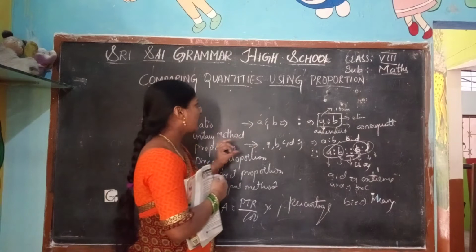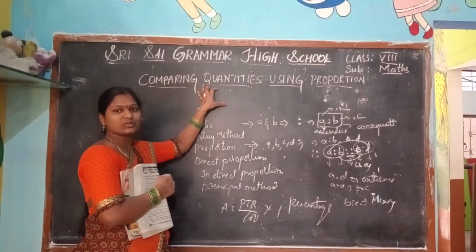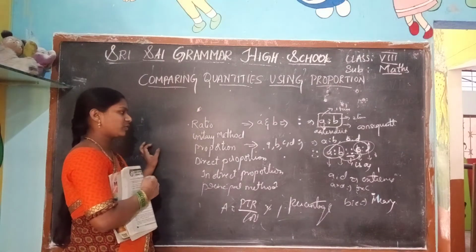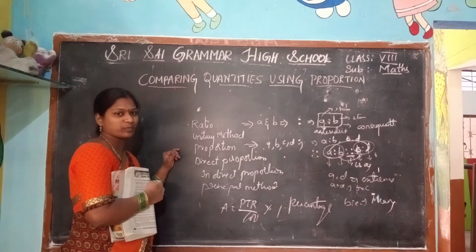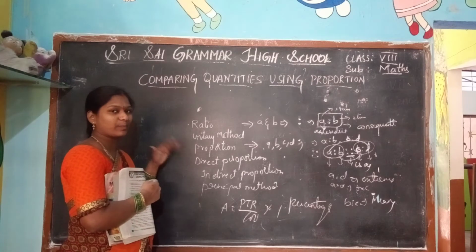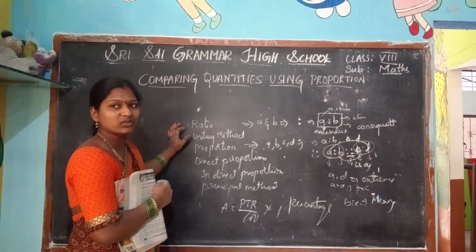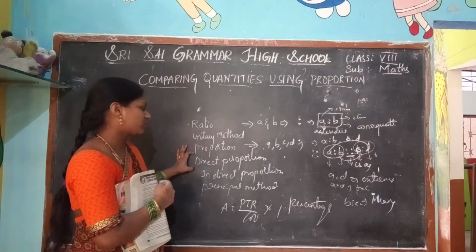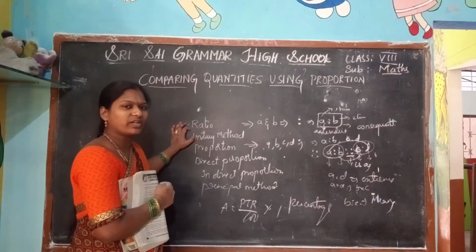Now by using these quantities, comparing quantities using proportion with the ratio and the proportion, the unitary method, and the direct and indirect proportions are used. How are they going to be applied? We know the quantities are applied in the unitary method with only one unit.